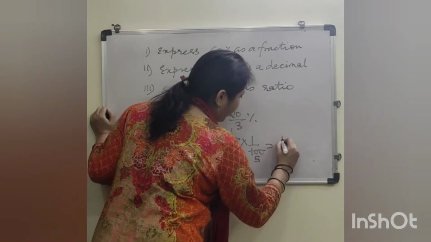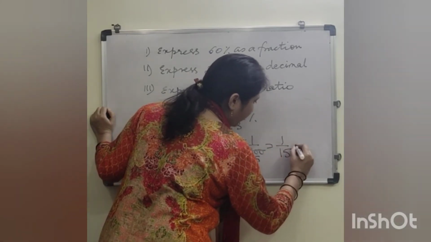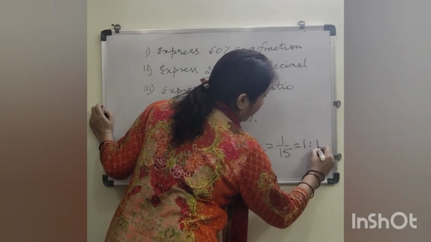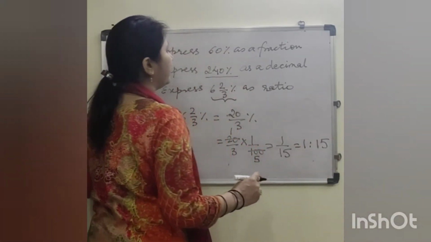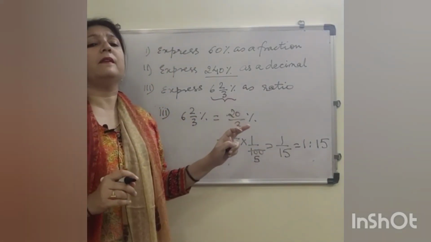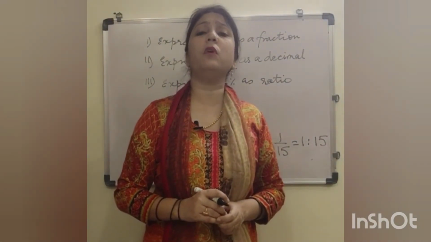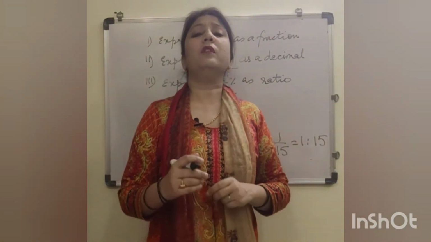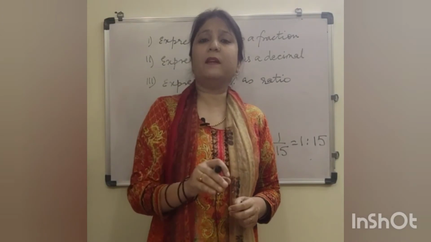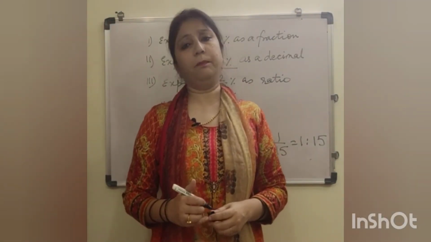By into fraction it is actually 1 over 15, that is 1 ratio 15, because we want the answer in ratio. So 6 whole 2 by 3% as a ratio is 1 ratio 15. So this is how we put the sign of percentage and how we remove the sign of percentage.